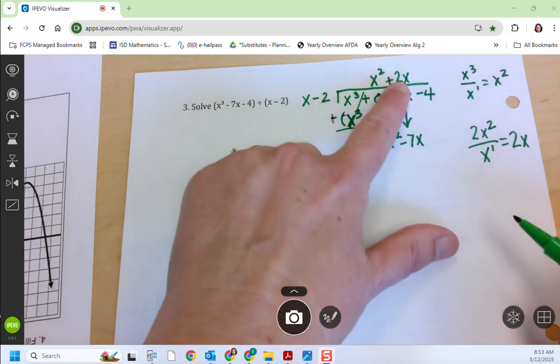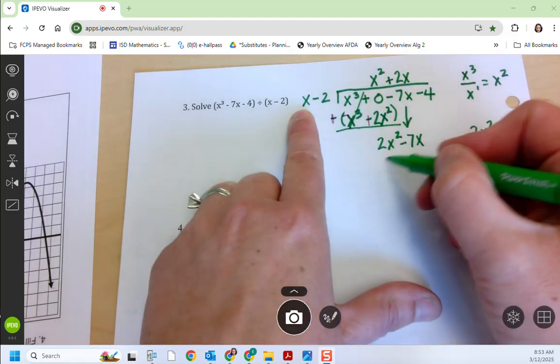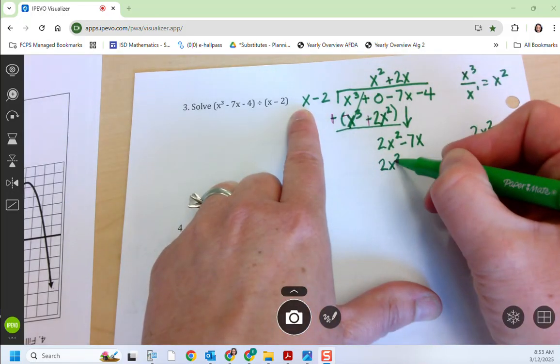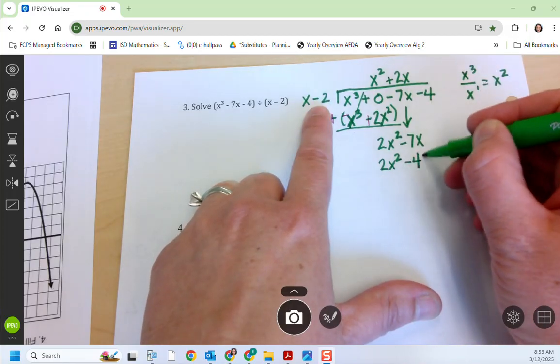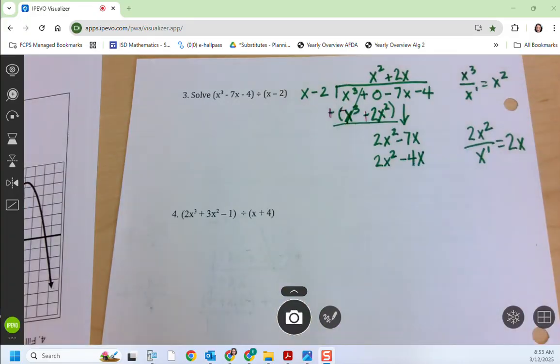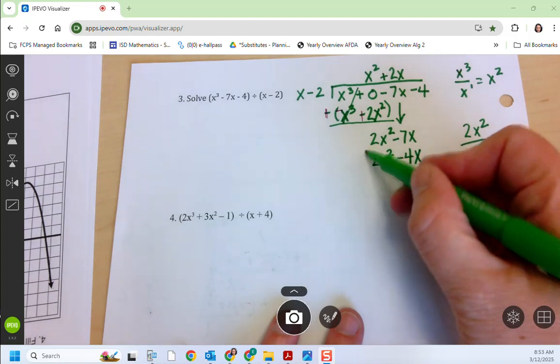And then we multiply. 2x times x, 2x squared. And 2x times negative 2 is negative 4x. And then we're going to subtract. So to subtract it, put parentheses.